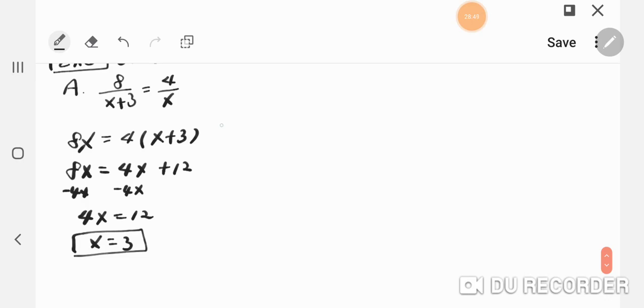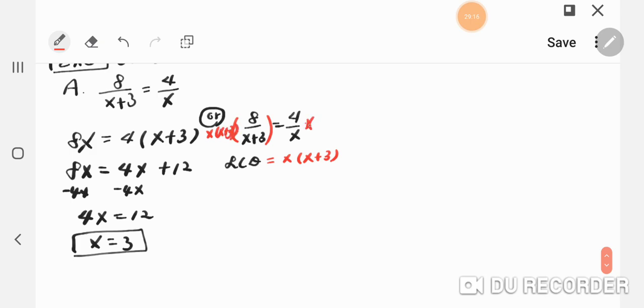Or, how can you solve this one? You can multiply each side by the LCD. So what's the LCD? The LCD is x times x plus 3. So you can multiply each side by x times x plus 3.